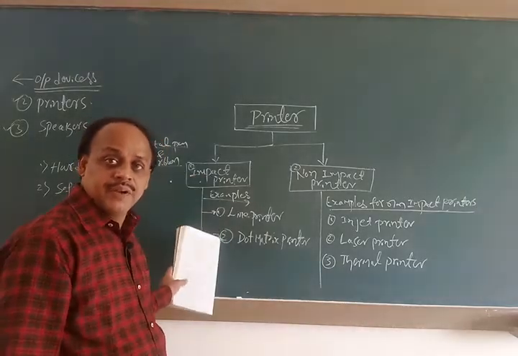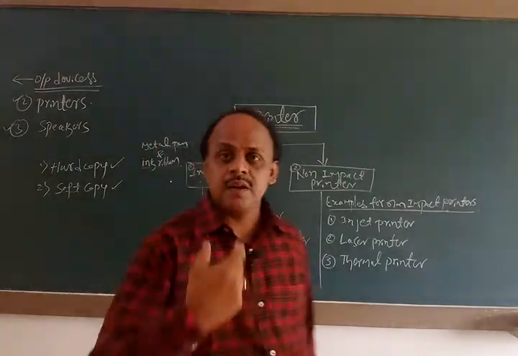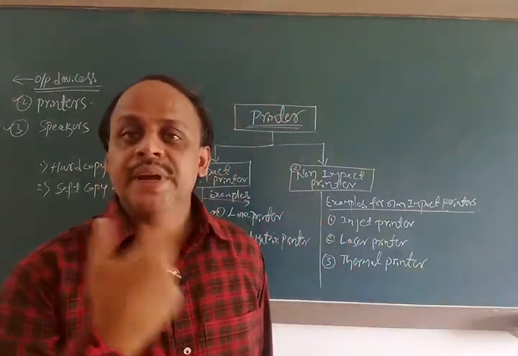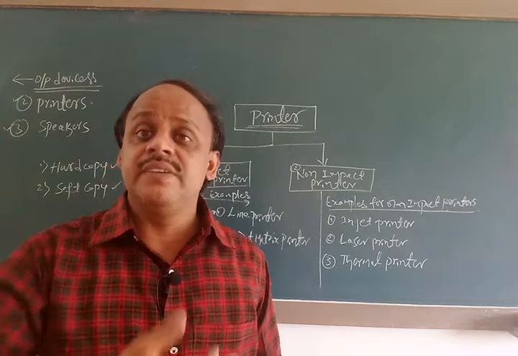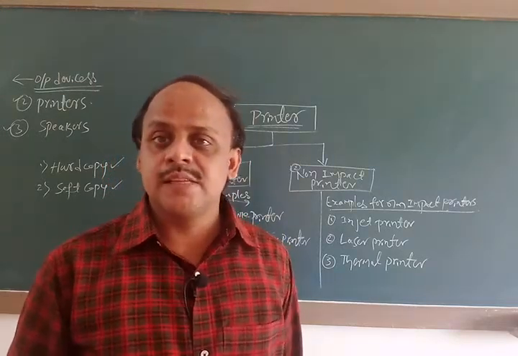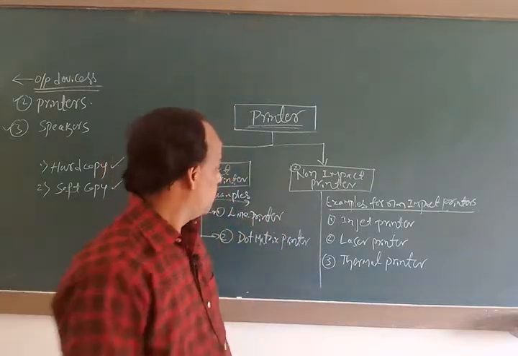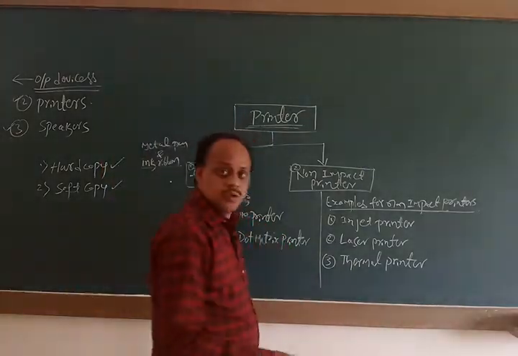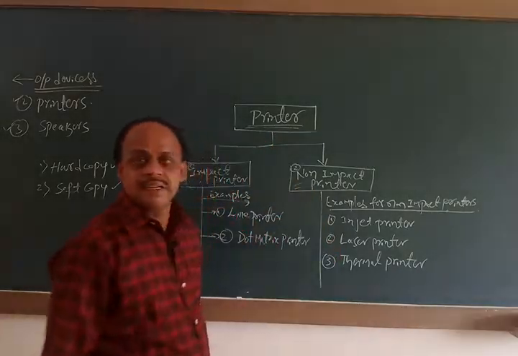They print only the same font size, whereas non-impact printers are used to print different font sizes with different paper sizes also. A4 size paper, A5 size papers are also possible to print using non-impact printers.